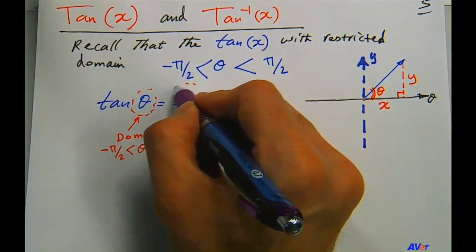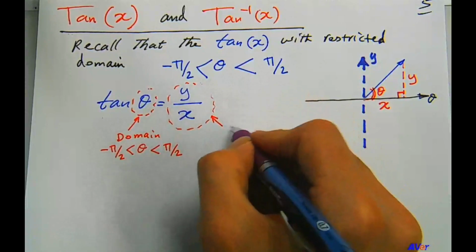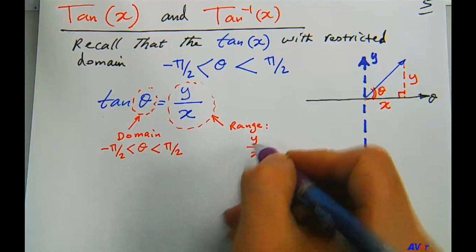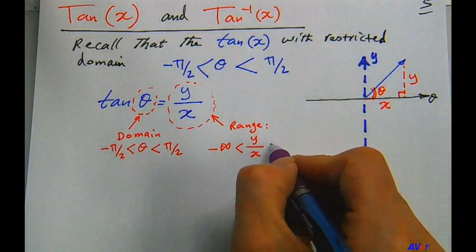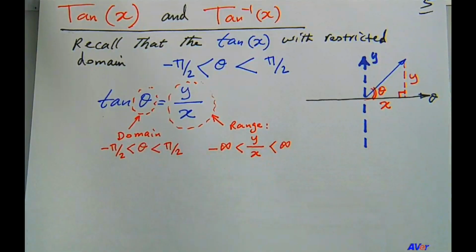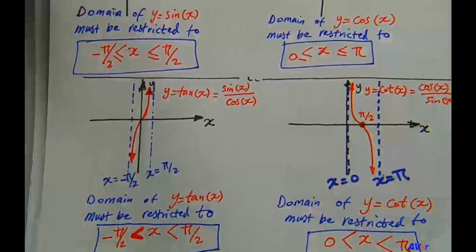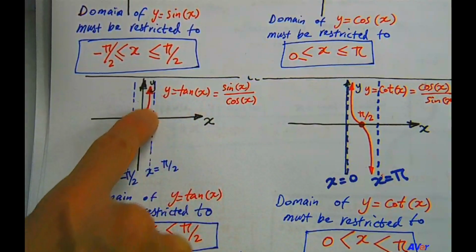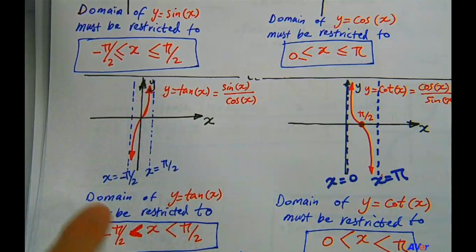And this is our range in the tangent function. And y over x, of course, goes from negative infinity to positive infinity, right? If you have questions about that, let me bring this picture back from section 5.5. The range of the tangent function is from negative infinity to positive infinity. Just look at the behavior of that line with respect to the y-axis.